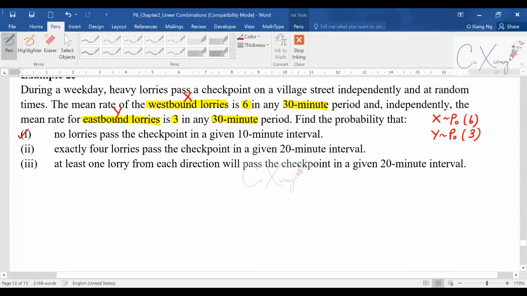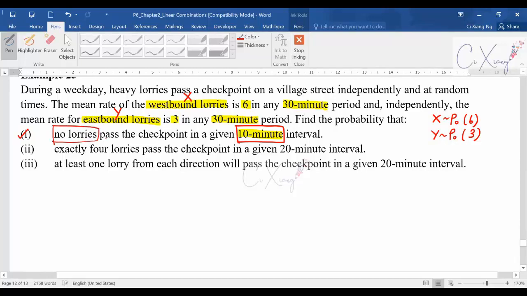Okay, then let's start with the calculation for part number 1. They want you to calculate the probability that no lorries pass the checkpoint in a given 10-minute interval. So first, you see the difference in the interval given for this calculation part. The second thing is they are talking about no lorries. So what kind of lorries here?